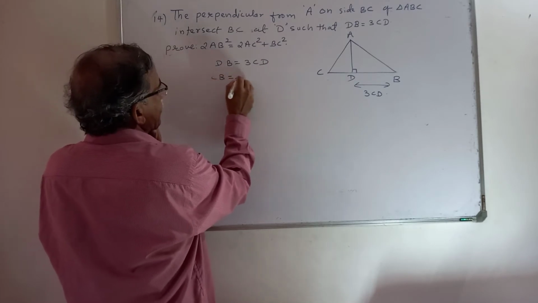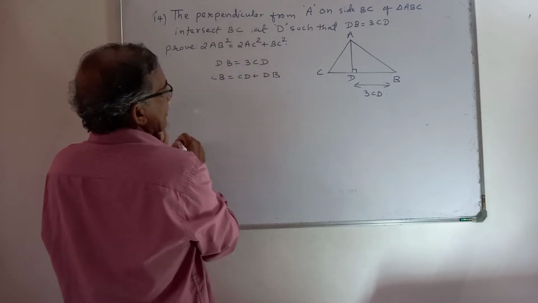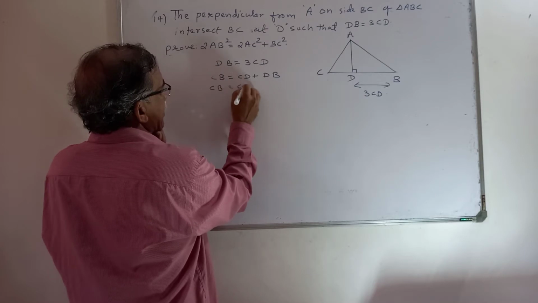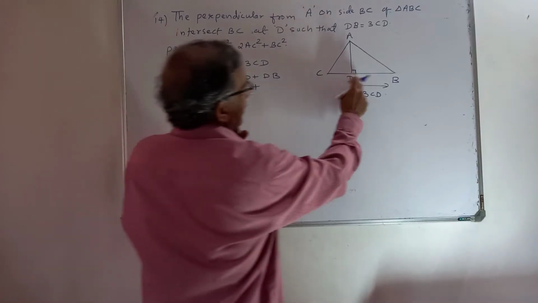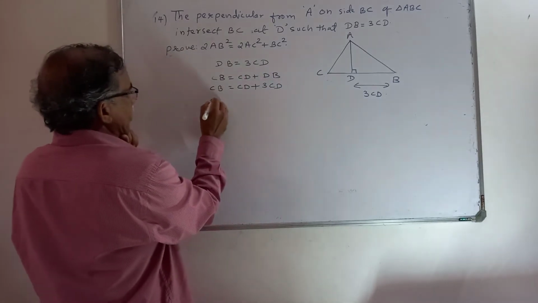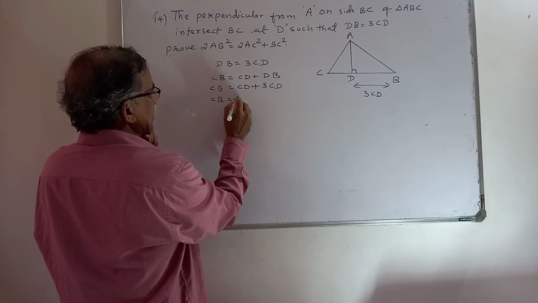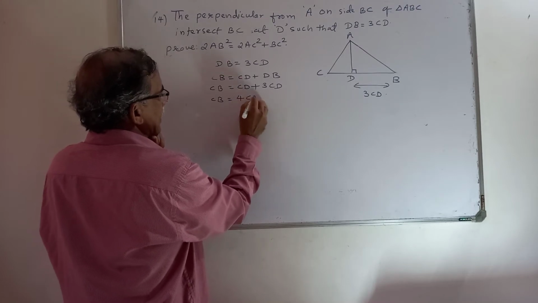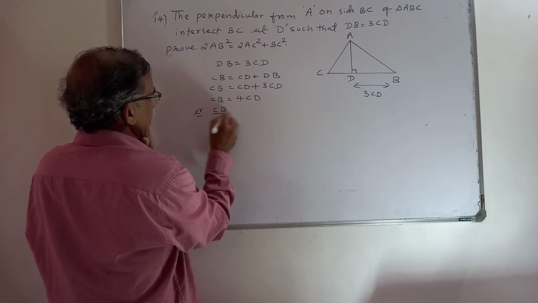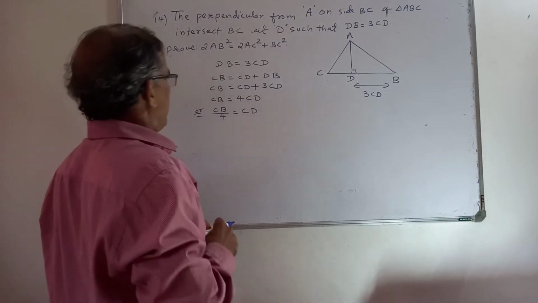CB is equal to CD plus DB, which means 3CD, so CB is equal to CD plus 3CD, which means 4CD, or CB upon 4 is equal to CD.